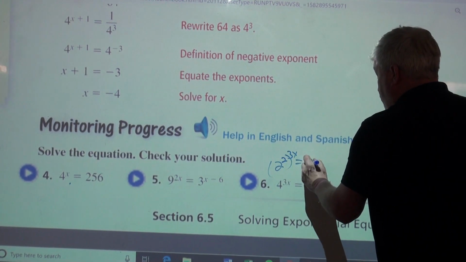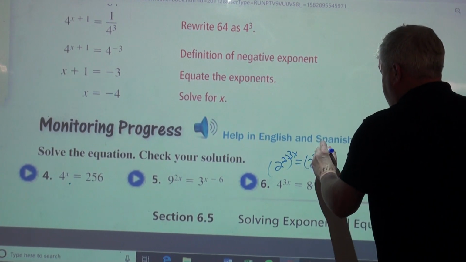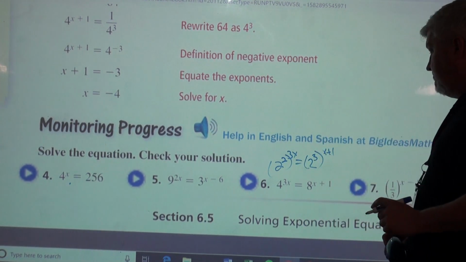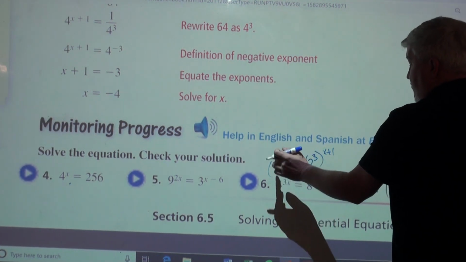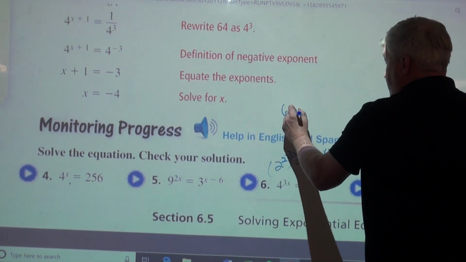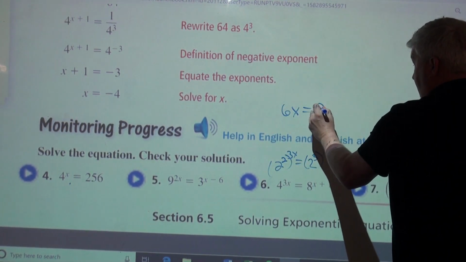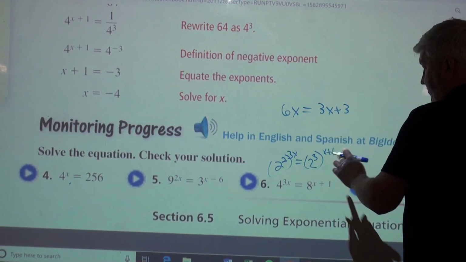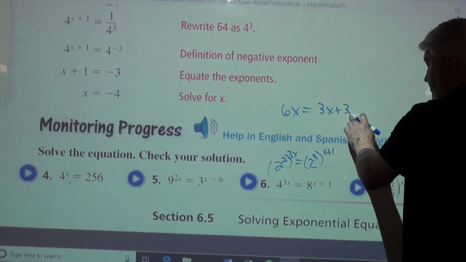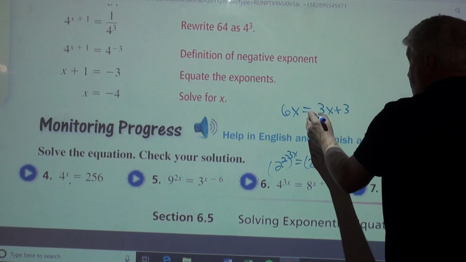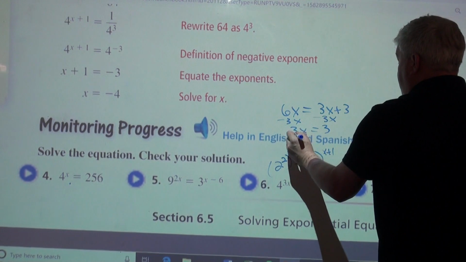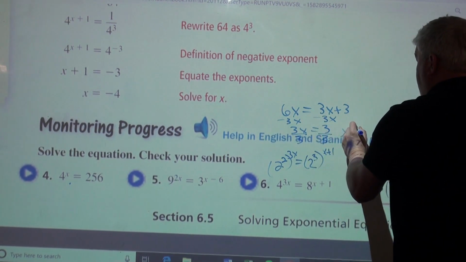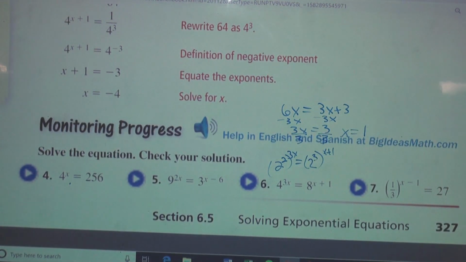I can rewrite as 2 cubed raised to the x plus 1. So I multiply these together. 2 times 3x gives me 6x equals 3x plus 3. 3 times x plus 1 is 3x plus 3. Subtract 3x. 3x equals 3. Divide by 3. X equals 1. Okay.